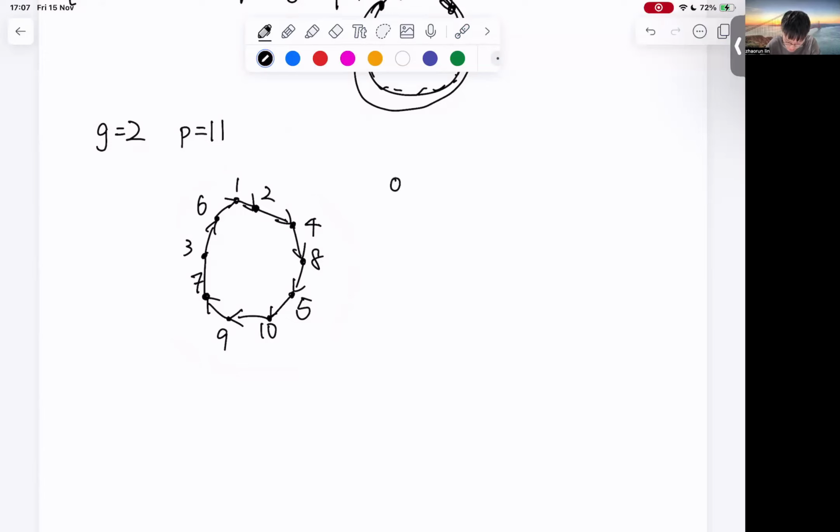We can define that the order of the primitive roots is actually p minus 1.